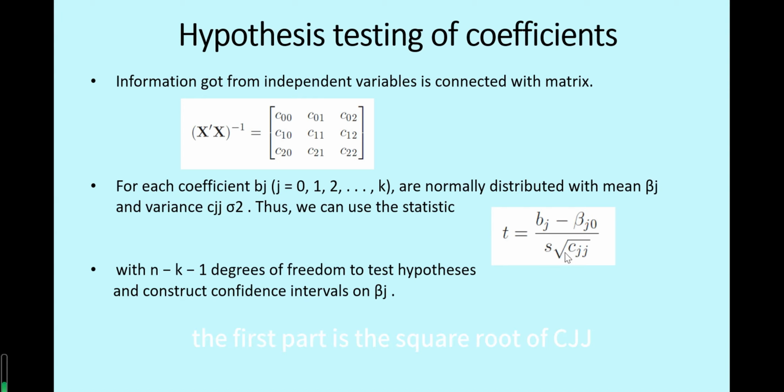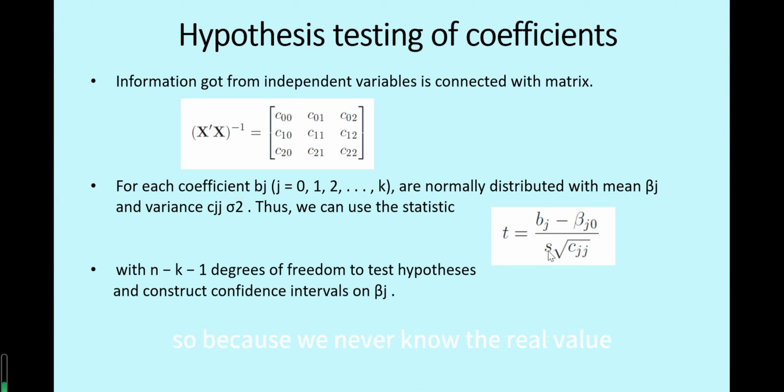The first part is the square root of cjj from this matrix, and the second part is s. S is the square root of SSE, the sum of square error, divided by n minus k minus 1.